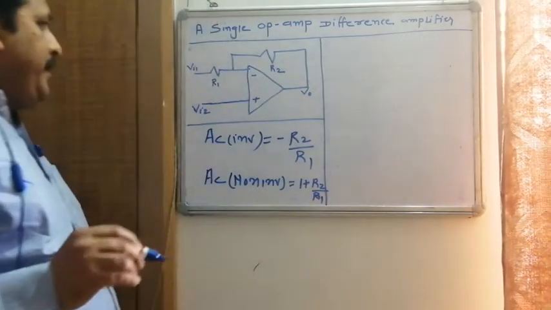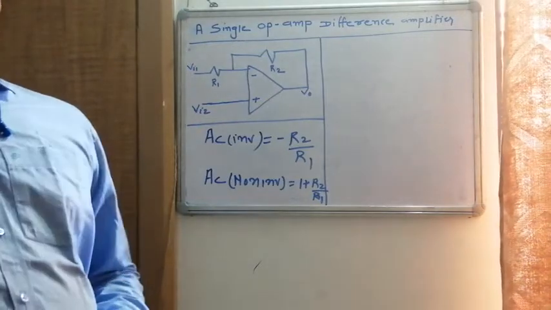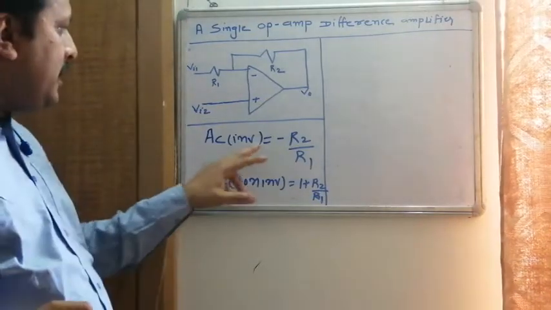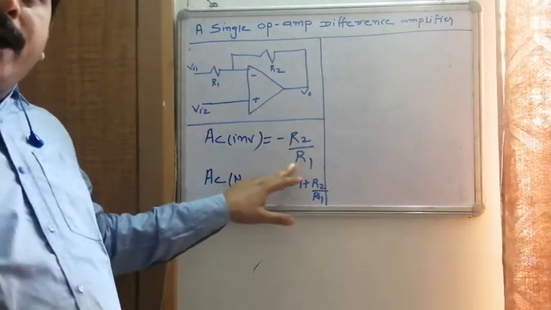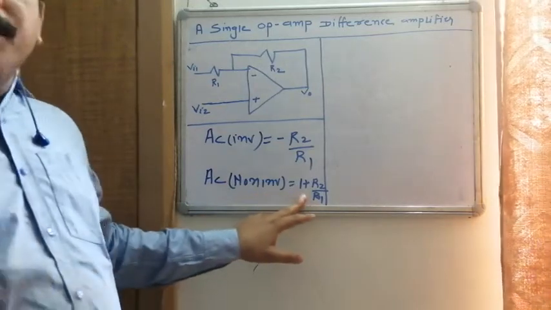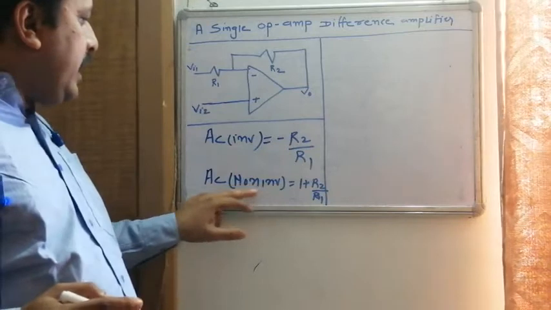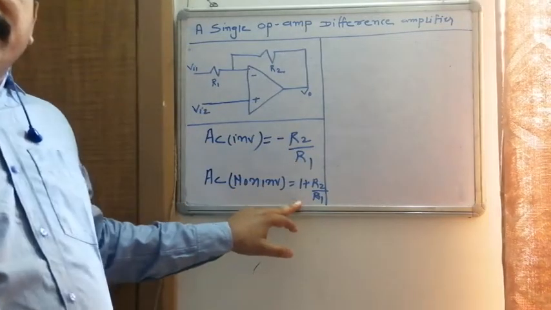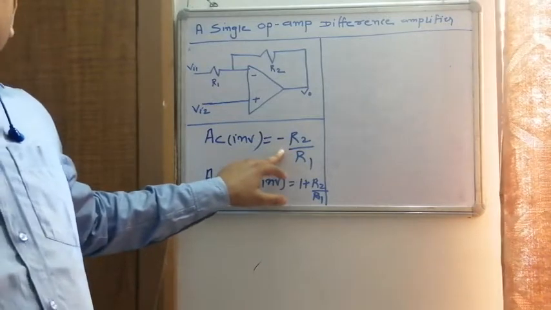So look here. If I apply superposition for making a difference amplifier, the gain of the inverting configuration is minus R2 by R1 and the gain of the non-inverting configuration is 1 plus R2 by R1. So the gain of the non-inverting configuration is greater than the gain of the inverting configuration.